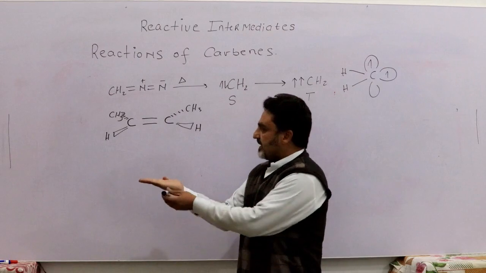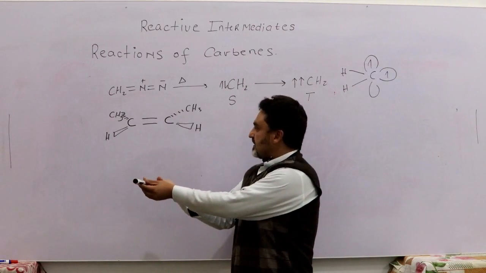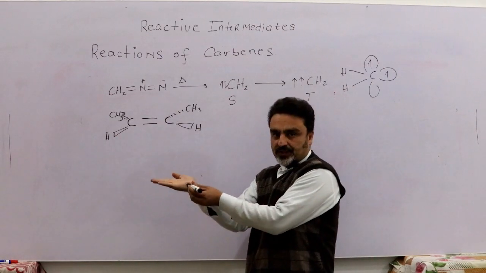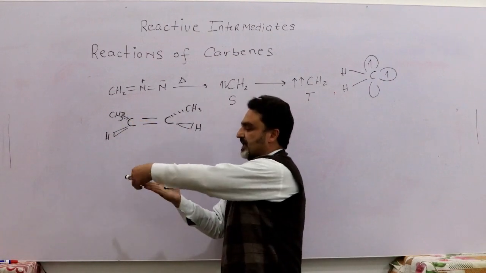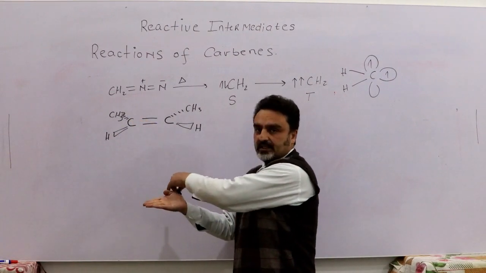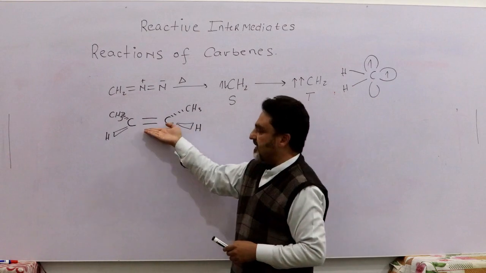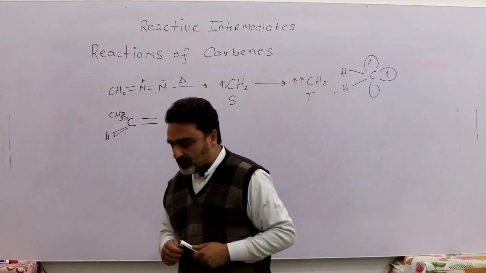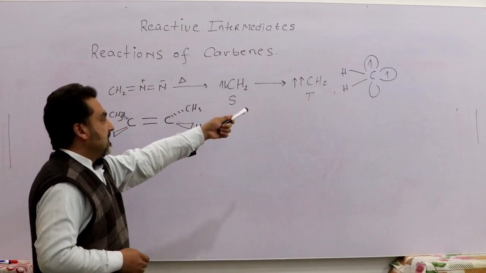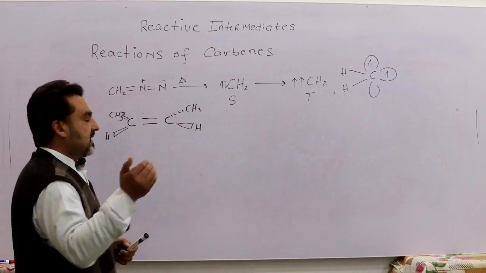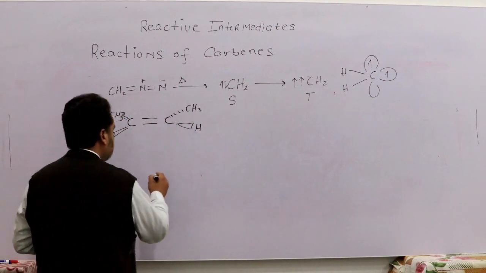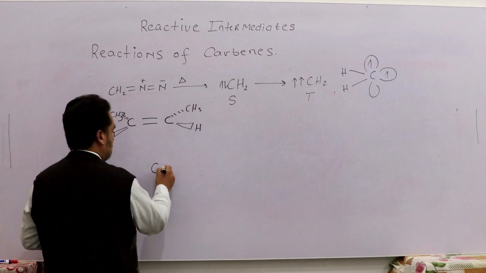This is the alkene, this H is toward us, and this is another H toward us. Those CH3s are on the back side. It's a cis alkene, and it could be written in this way too. Now what about the carbene? This carbene, if it wants to react with this alkene, let's see.